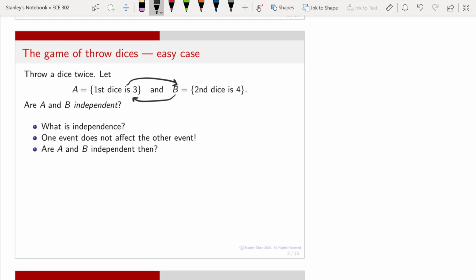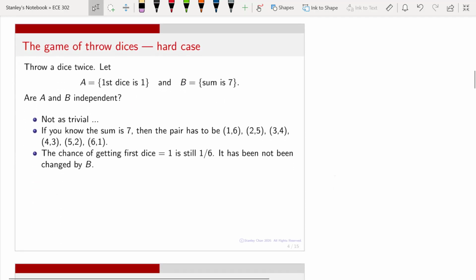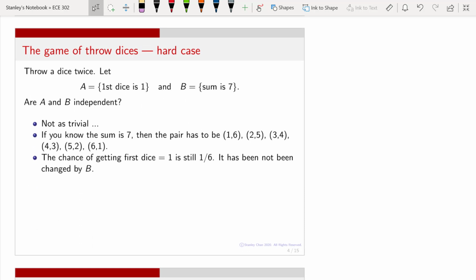Okay, now let us consider a slightly more difficult case where the first dice is giving you 1, and event B is that the sum is 7. This is not quite the same as the previous example, in which it's crystal clear that the two events are not influencing each other.